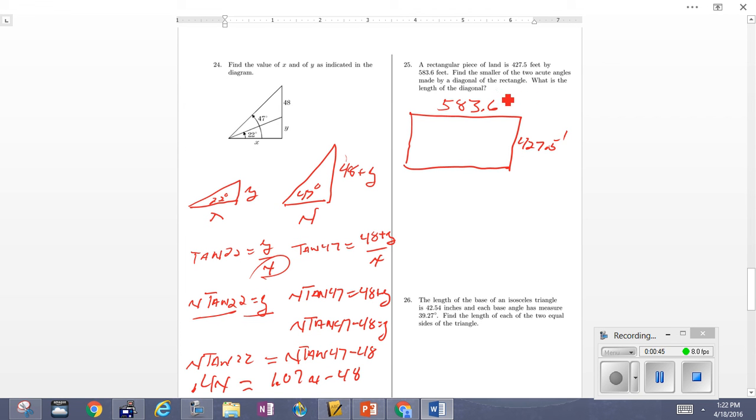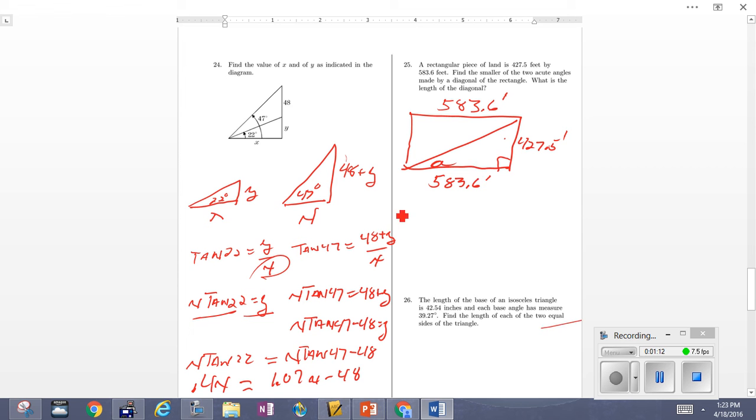Okay, what is the length of the diagonal? Well, here's the diagonal, right? This length is the same down here, 583.6. I'll find the angle here, A, and once I have A, of course, I'll know B, and I'll know which is larger.